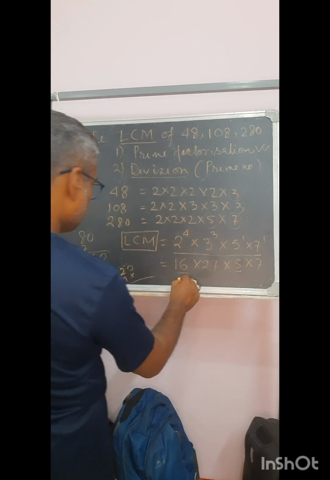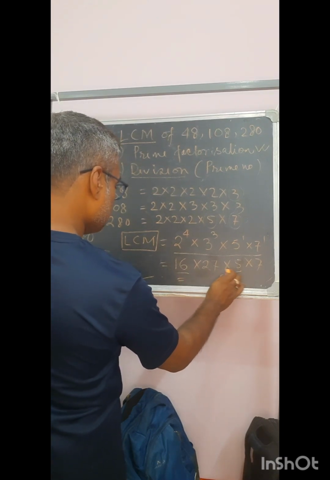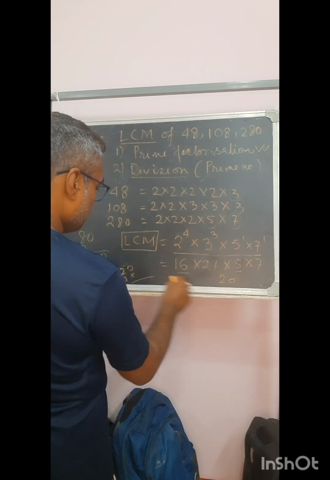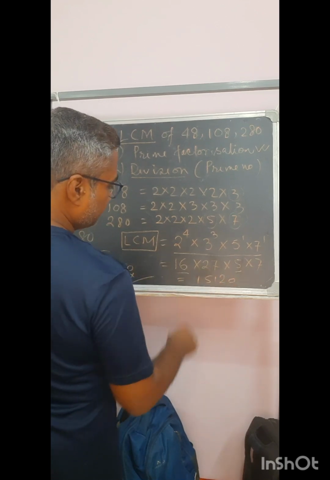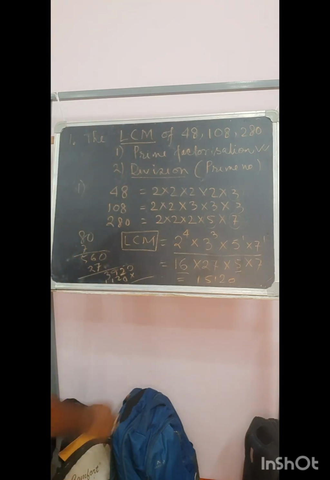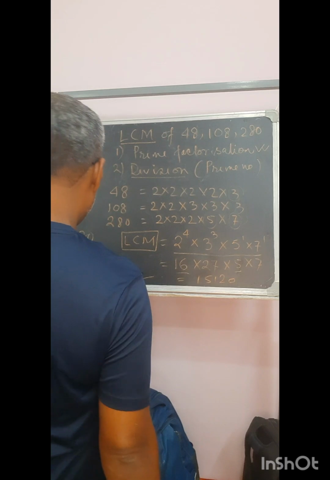So it is coming around 2 0 2 and 2 11 1 4 5 1. So this will be the result of these three numbers when I calculate LCM.